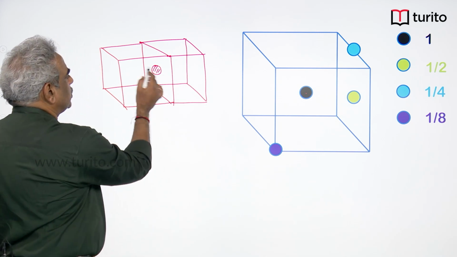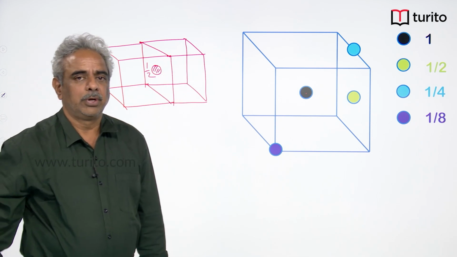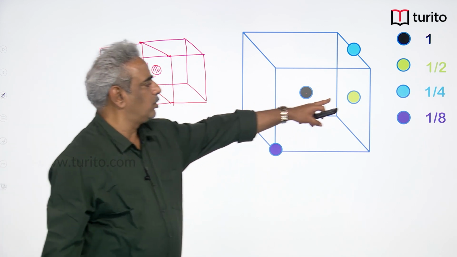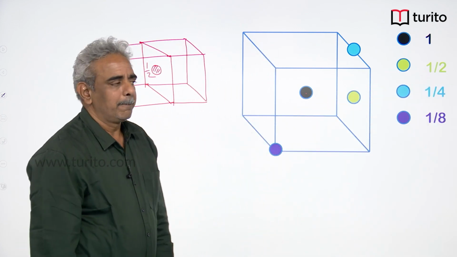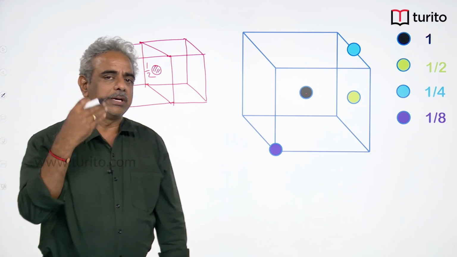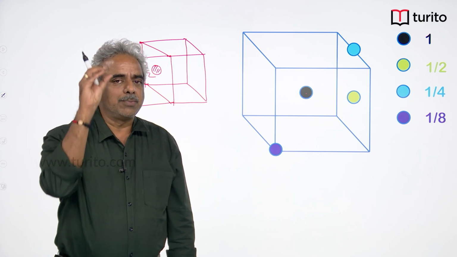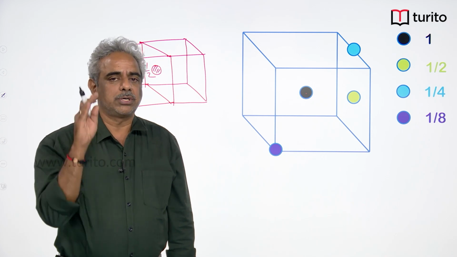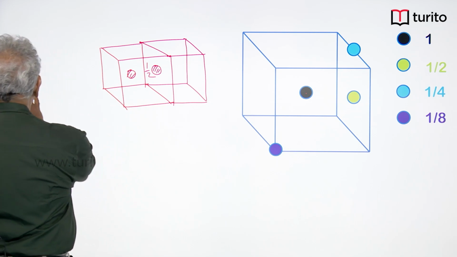So, for this unit cell you have to count only half, the remaining half is for this unit cell. That is how you should always count only half whenever you find a face center atom, that is why it is showing half here. If it is present in the body, it completely belongs to that unit cell, you can just count it as one atom per unit cell. So, a body atom's contribution per unit cell is 1, a face atom's contribution per unit cell is half, that you should always remember.